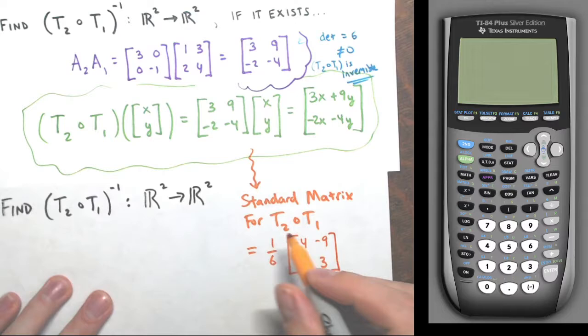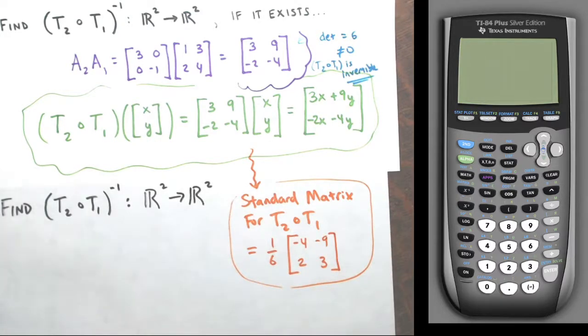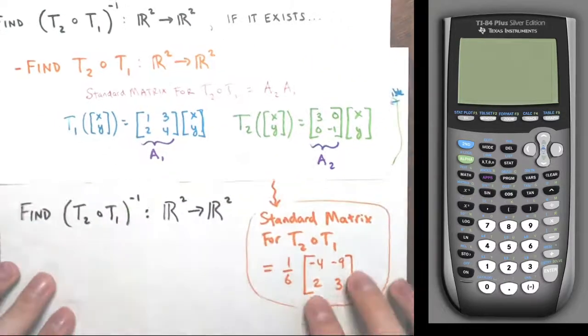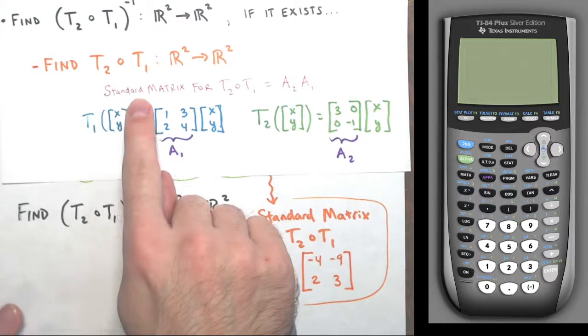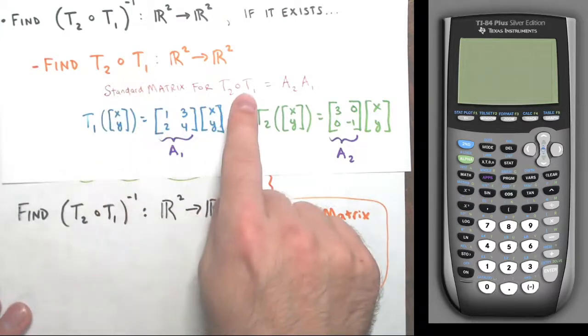So let's keep that in mind. Now another way you can find it is going back to the statement up here. Remember the standard matrix for T2 composed with T1 is A2 times A1.